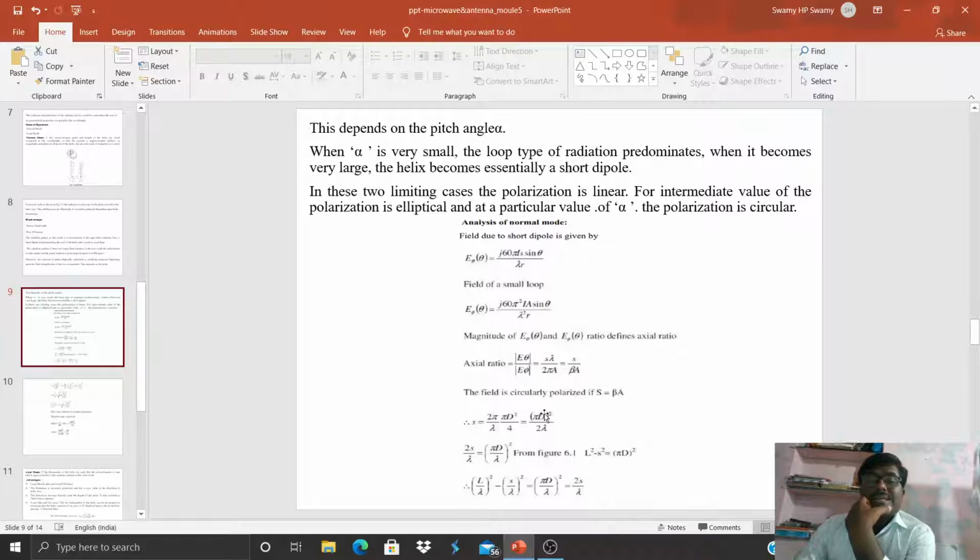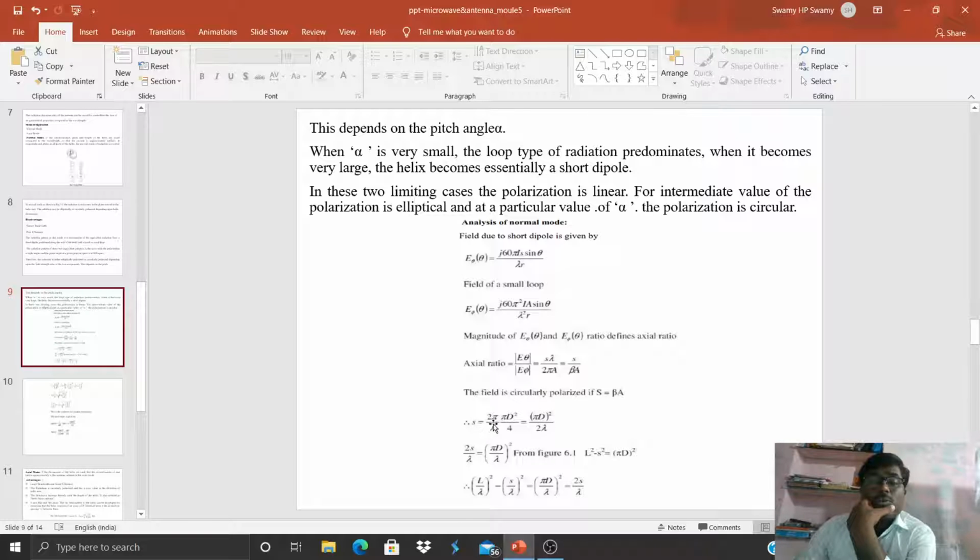So the field is circularly polarized if S is equal to beta a. When S is equal to beta a, the fields from the helix antenna are circularly polarized.